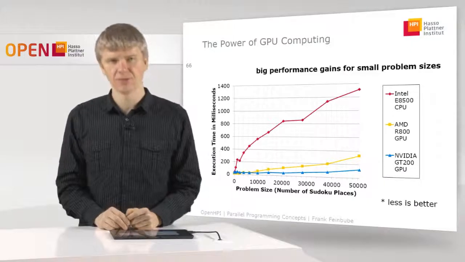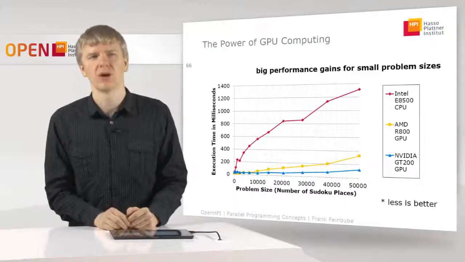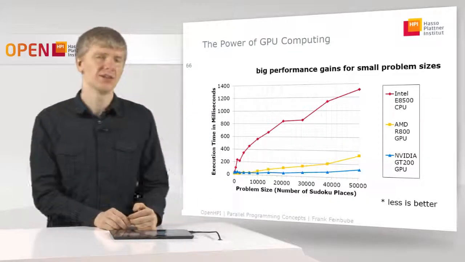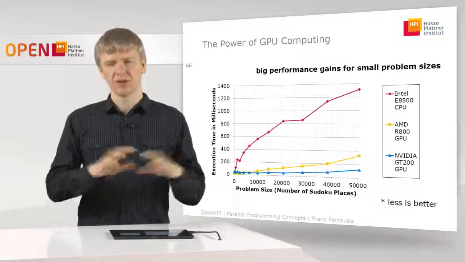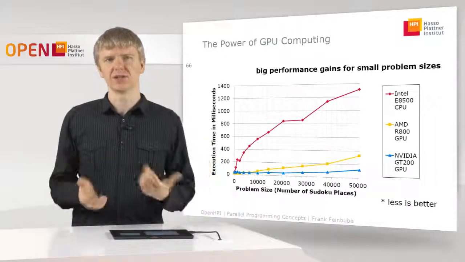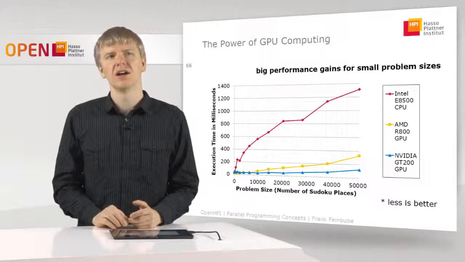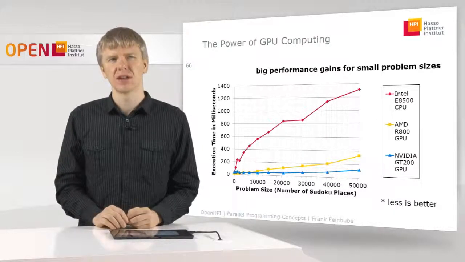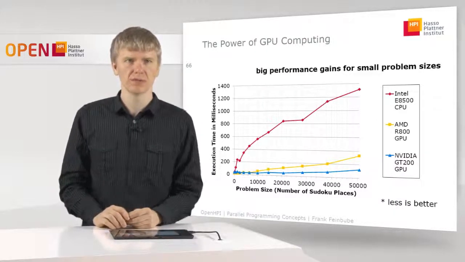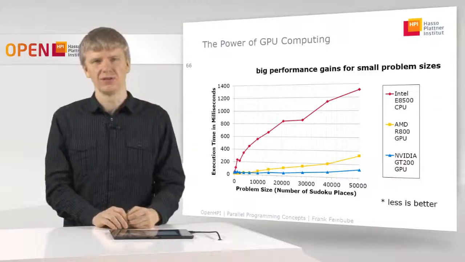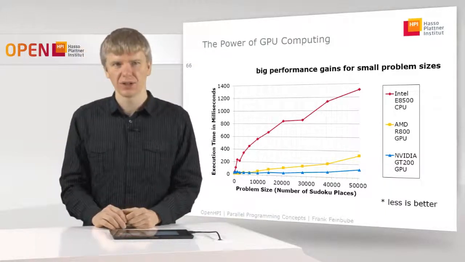We've seen this example before, where we had a Sudoku validator that created a very big Sudoku field and then checked if the Sudoku field was correct or not. And we've seen that we had big performance gains for pretty big problems.